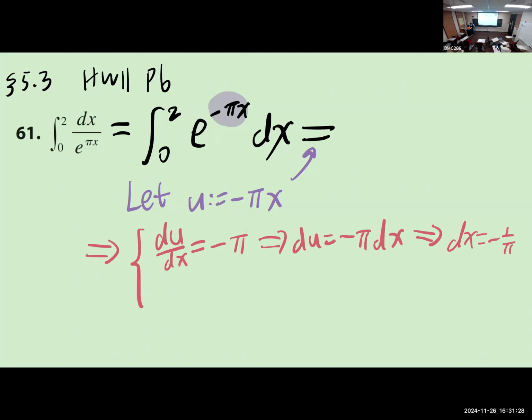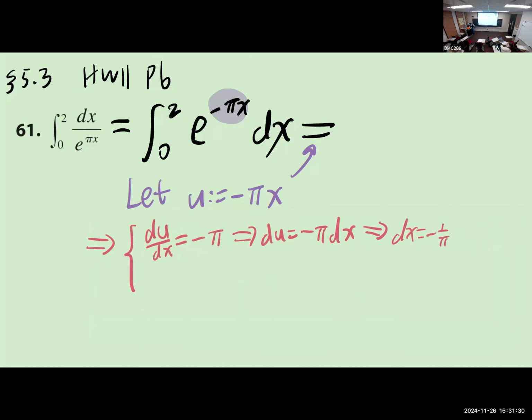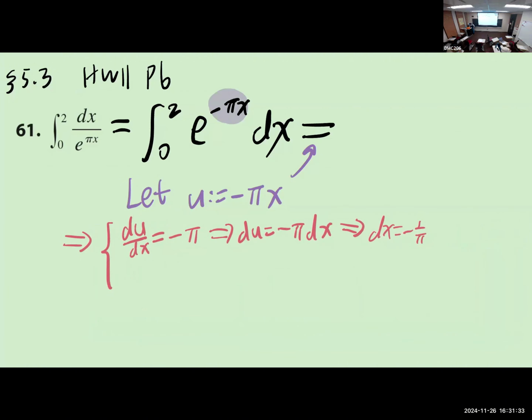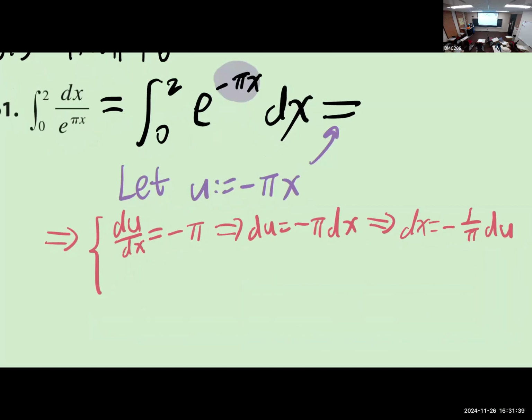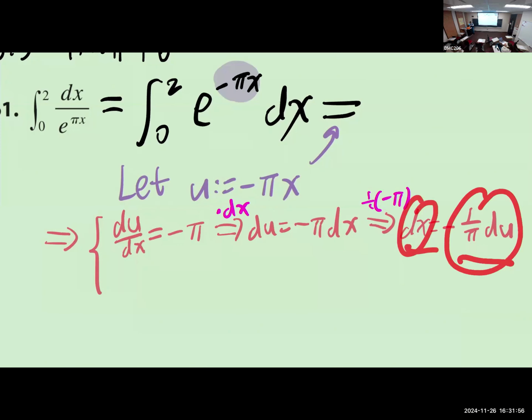Negative pi, 1 over pi times dx times du. So that's it. Just a few linear transformations. This is times dx, this is divided by negative pi. So now we've expressed dx in terms of du.